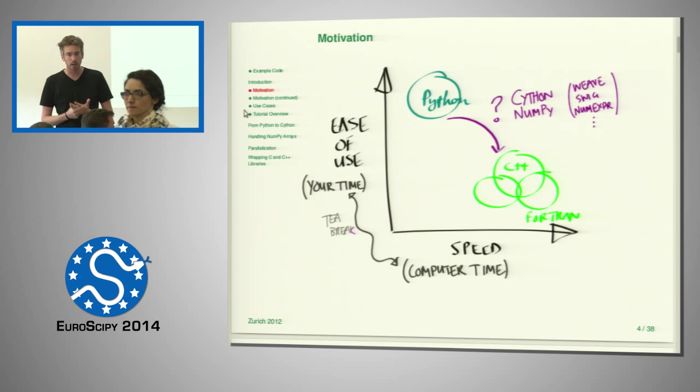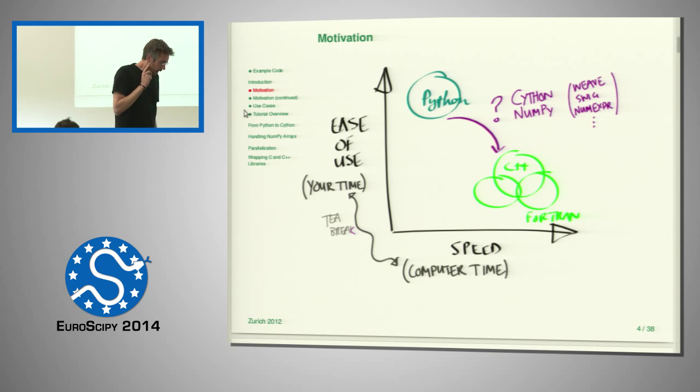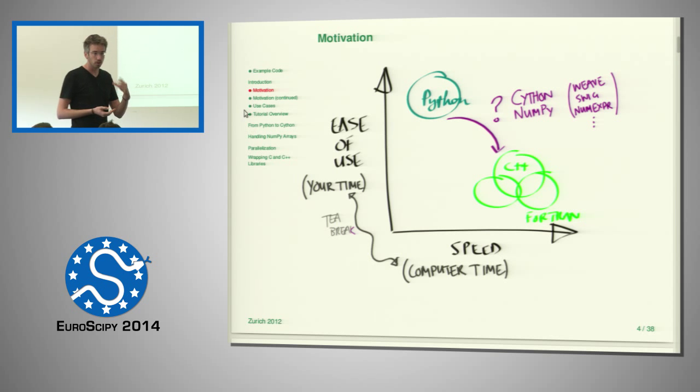It's not always clear exactly what type, for example, the user has in mind when he or she is writing an expression. So you have to give the computer some hints in order for it to do that. So I'll show you how to annotate your Python source code in order to make Cython able to do that.